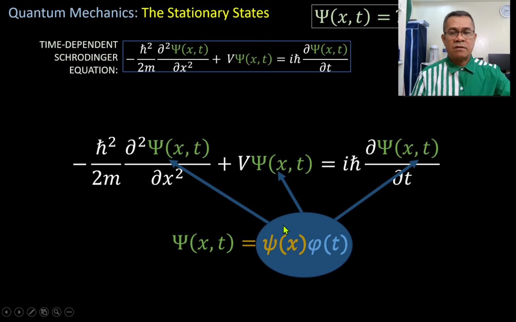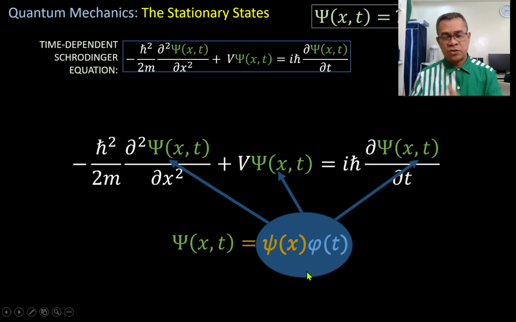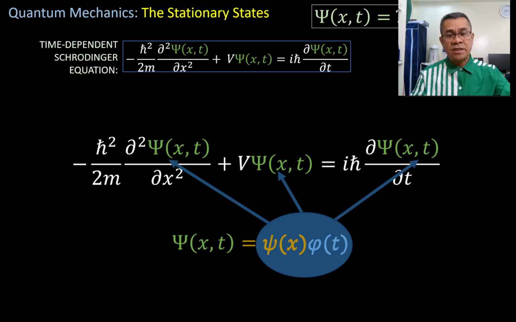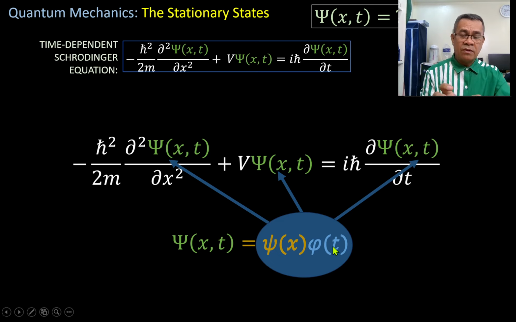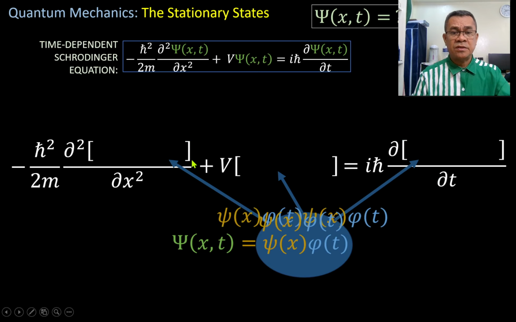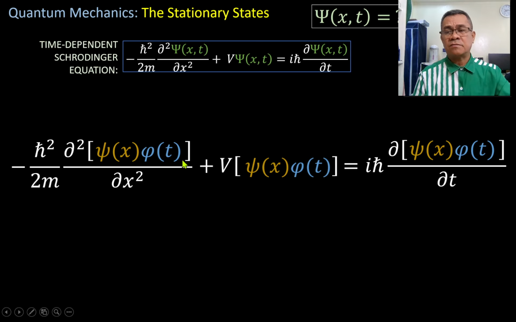So let's go back to the previous slide. Remember, we assume that the potential energy depends on position only. Hence, the big psi is a kind of separable solution of states. So substitute this psi(x) and phi(t) to the big psi in the time-dependent Schrodinger equation, and this is now the result. The first term, remember, is a partial derivative, second order with respect to x.